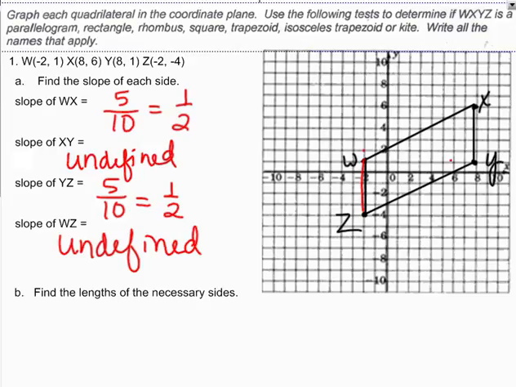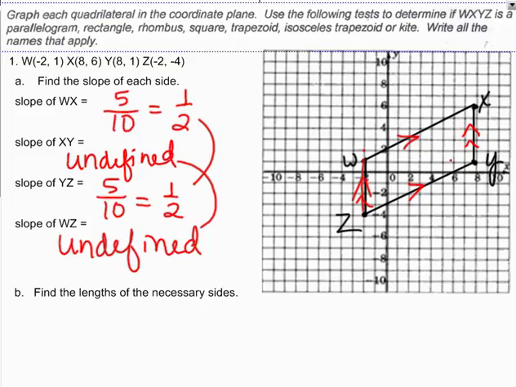If I look at this, I'm going to see, okay, what do those slopes tell me? Well, these two slopes are the same, and these two slopes are the same. So that means we have parallel lines. In fact, we have 2 sets of parallel lines. So we know for sure that we've got at least a parallelogram.